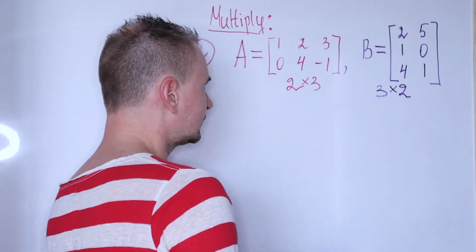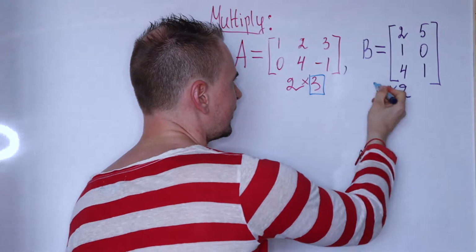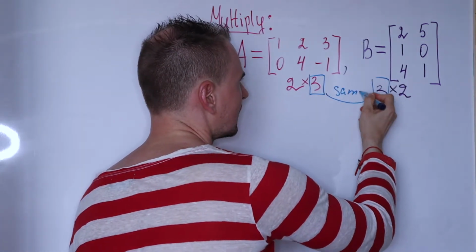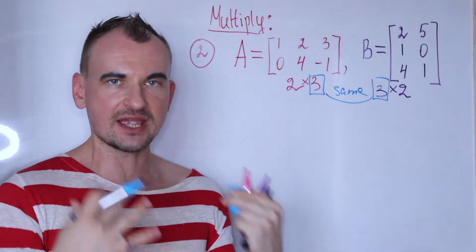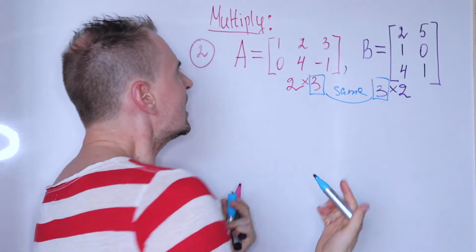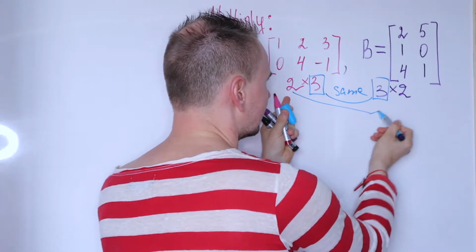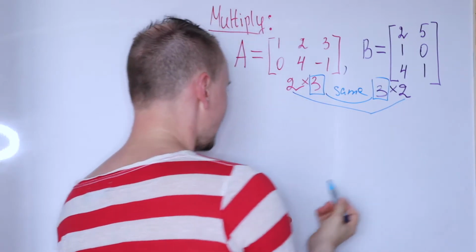So again, check to see the inner numbers, they're the same, 3 equals 3. So the product does exist, so we're able to perform multiplication. And the outer numbers give you the size of the product.